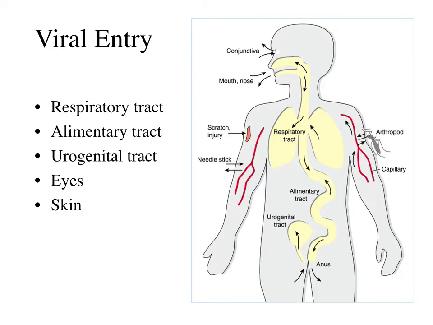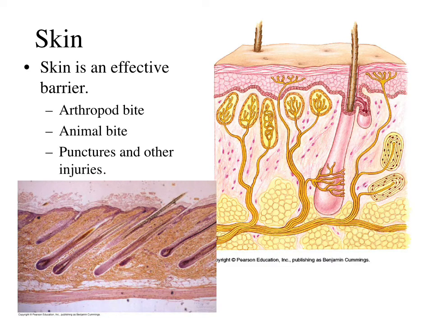But then we also have the skin. The skin is an effective barrier. Remember, we talked about that as part of the innate immune system. And the external surface is stratified squamous epithelial tissue, so the outermost layer is dead.